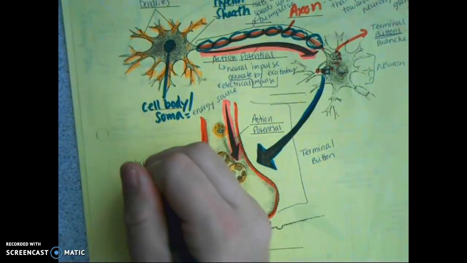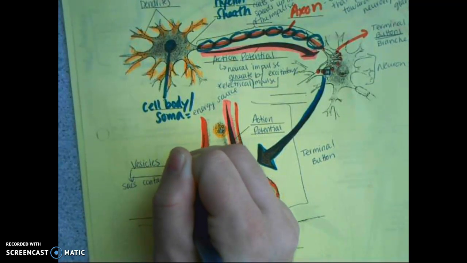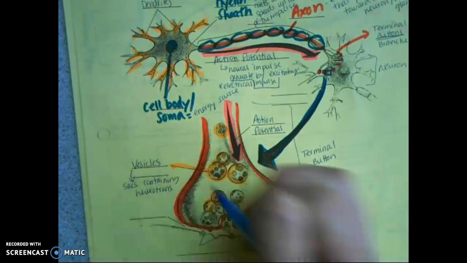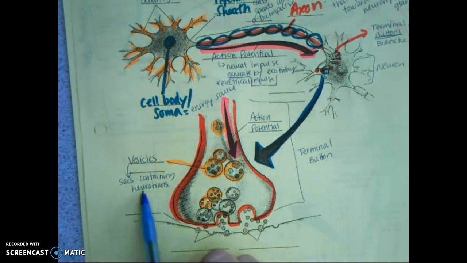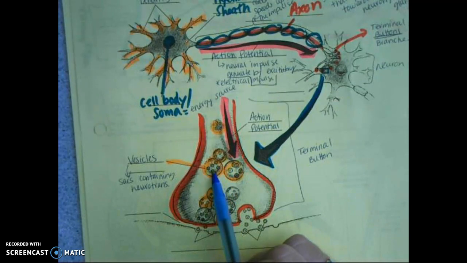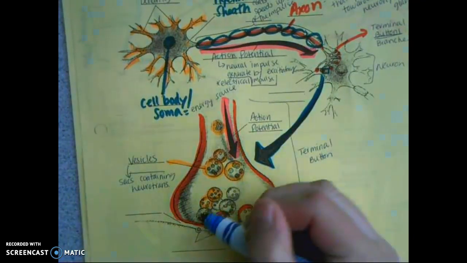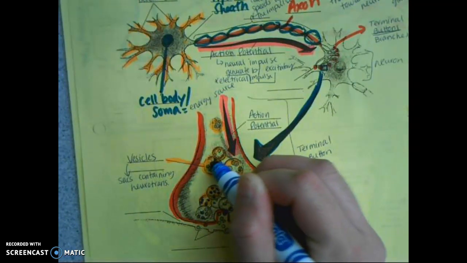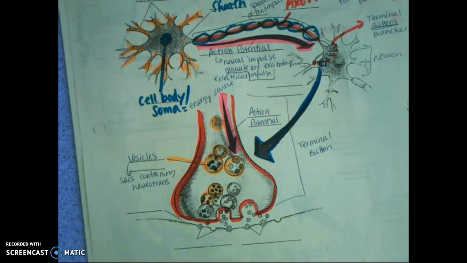Inside vesicles, so I'll put, they're sacs containing, so inside of them, you can find neurotransmitters. Things like dopamine, serotonin, epinephrine. So those are types of neurotransmitters. So these vesicles hold neurotransmitters. I'll do the neurotransmitters in blue. So all these kind of dots inside these vesicles are neurotransmitters. And neurotransmitters are chemicals. Okay? So when we're talking about neurotransmitters, we'll label what they are.